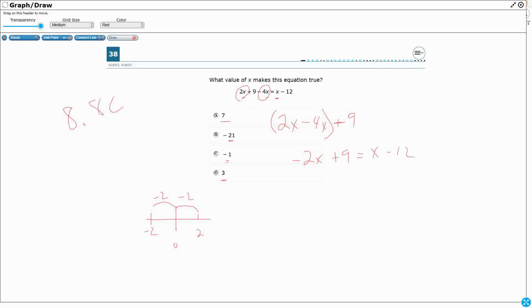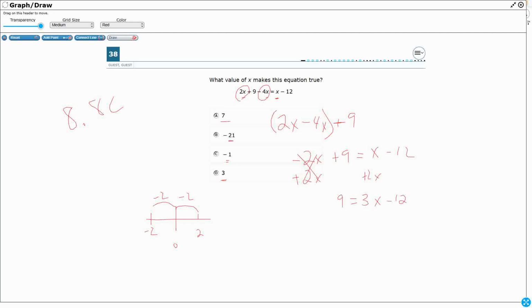Well, I want my x to be positive because you always want to end with a positive x. So let's add 2x, excuse me, to both sides. So my -2x and my positive 2x are going to just cancel out. I'm going to end up with 9 equals x plus 2x makes 3x.